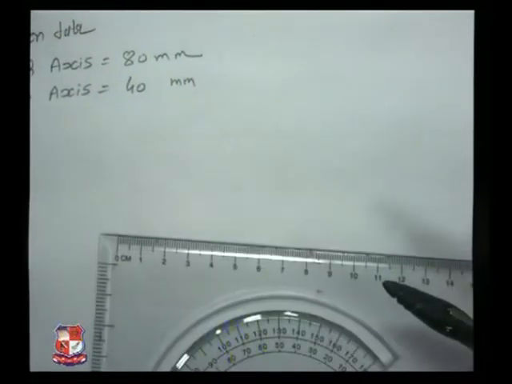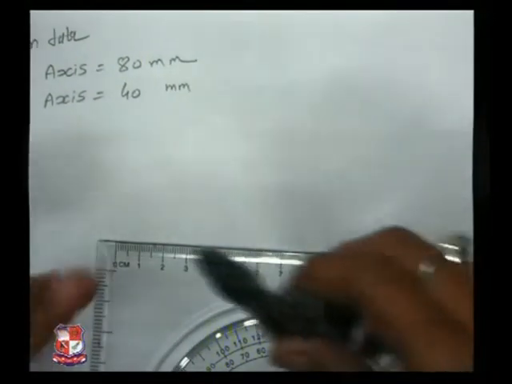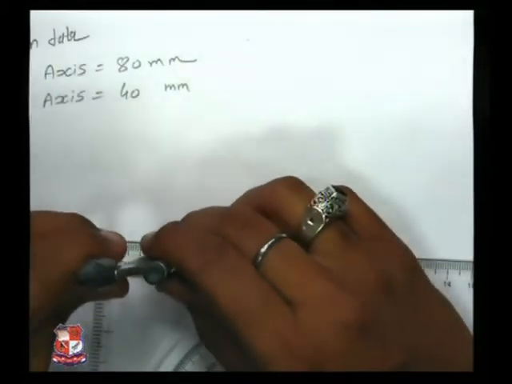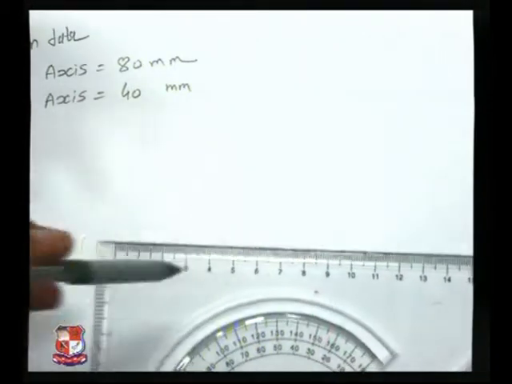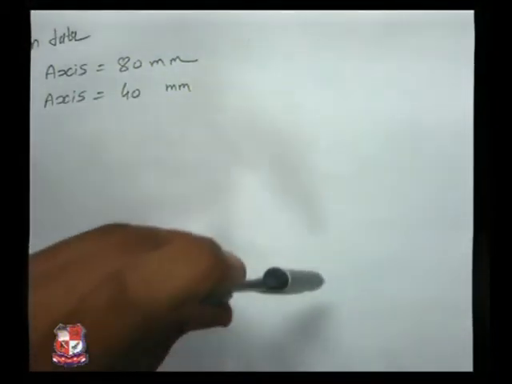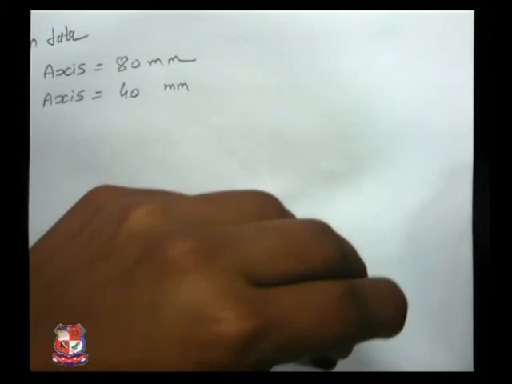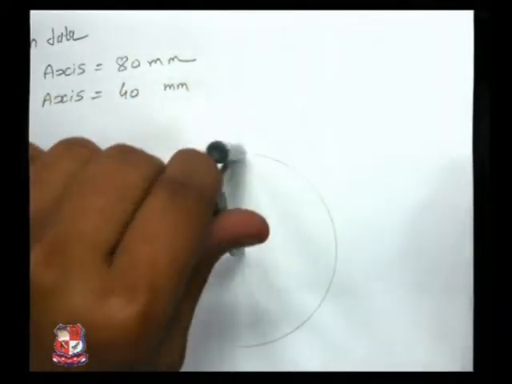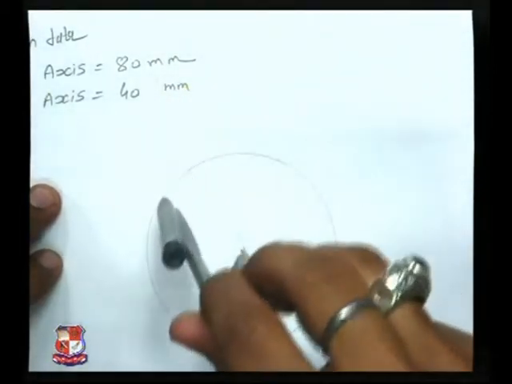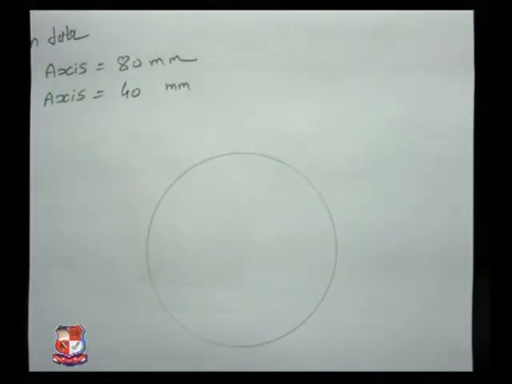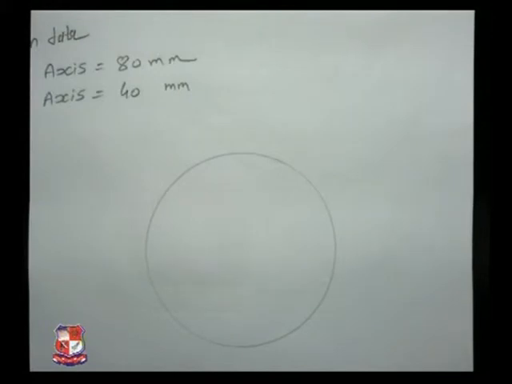First of all, I will draw major axis circle. I have been given that I need to draw major axis of 80 mm, so radius would be 40 mm. I have drawn a circle of diameter 80 mm.